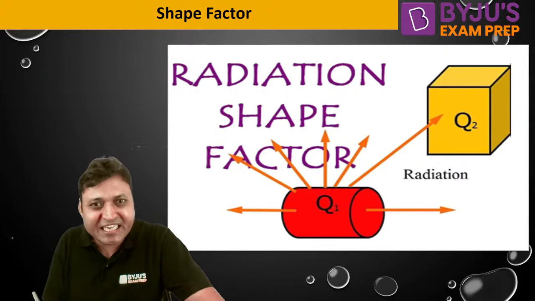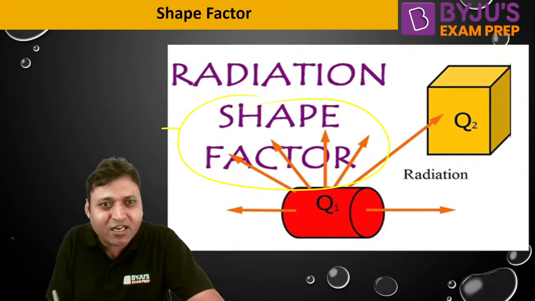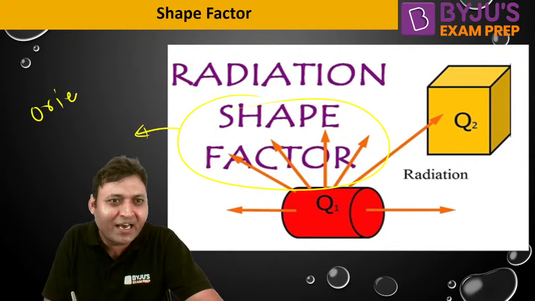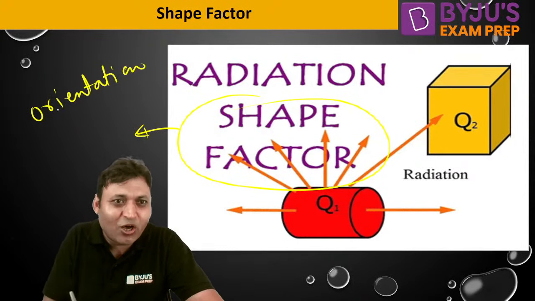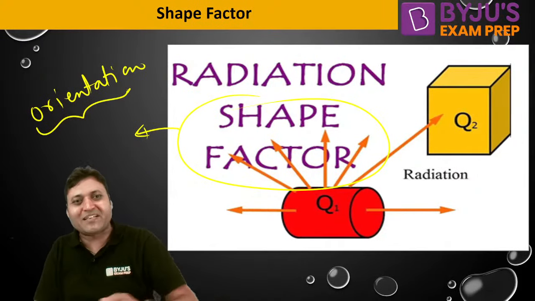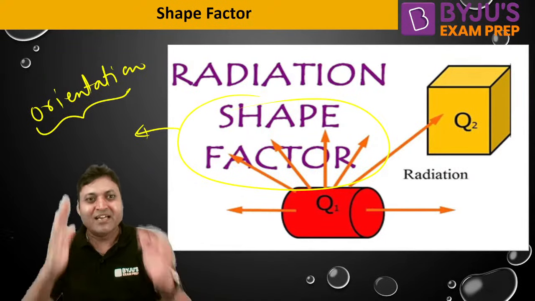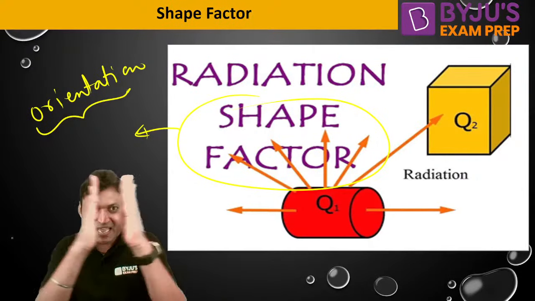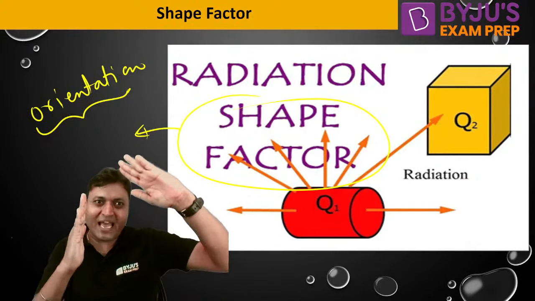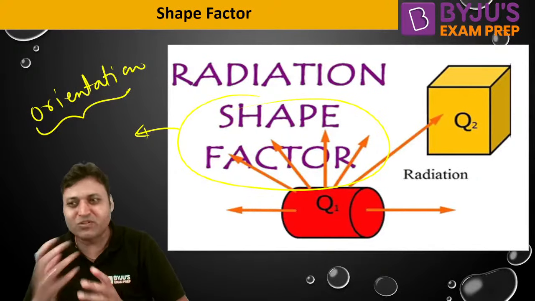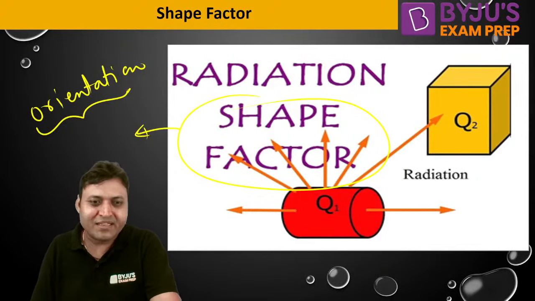So the radiation shape factor talks about the orientation of the two surfaces with respect to one another, how the surfaces are placed. Are the surfaces facing each other or are they at some angle with each other?